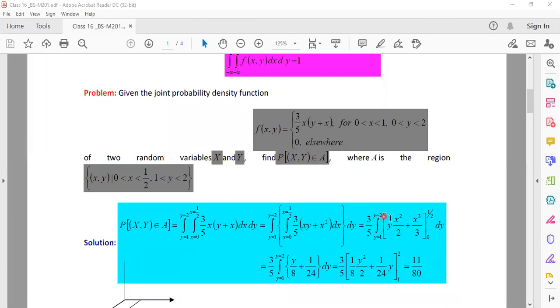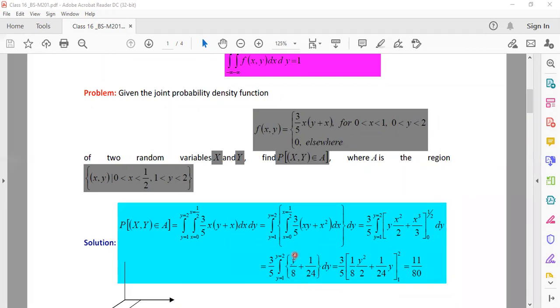We integrate x with respect to x, which is x²/2. And no y is present in this particular term, so you can write it as x³/3. If I do so, then we get this expression. Since x is running from 0 to 1/2, you put the lower and upper limits in place of x and calculate.